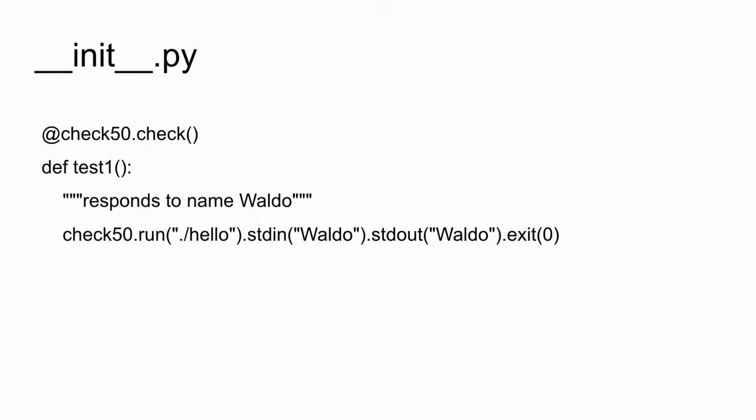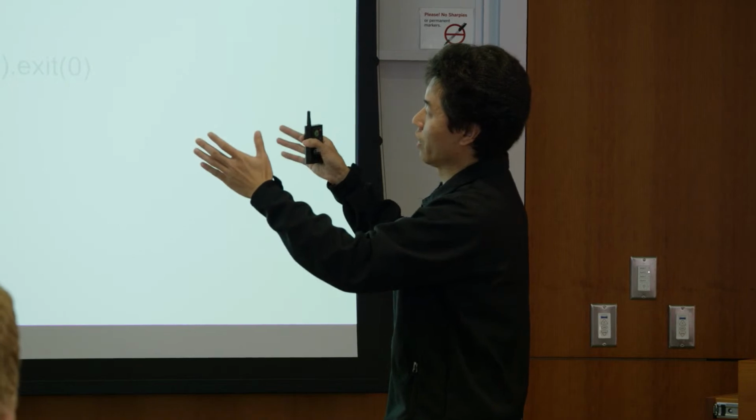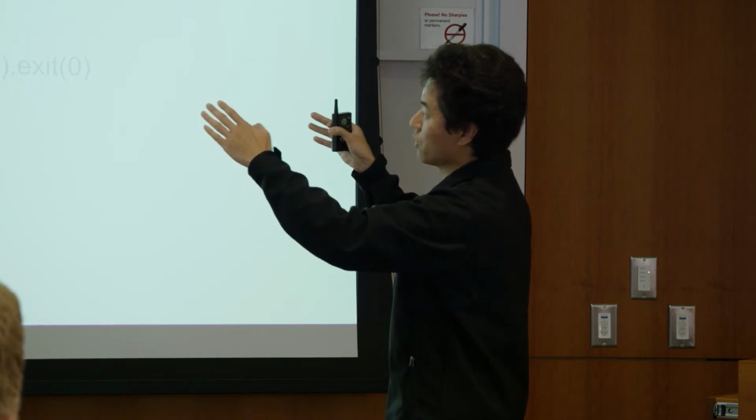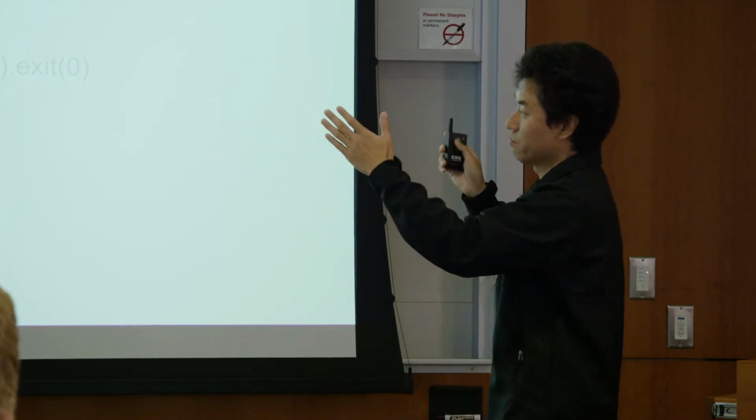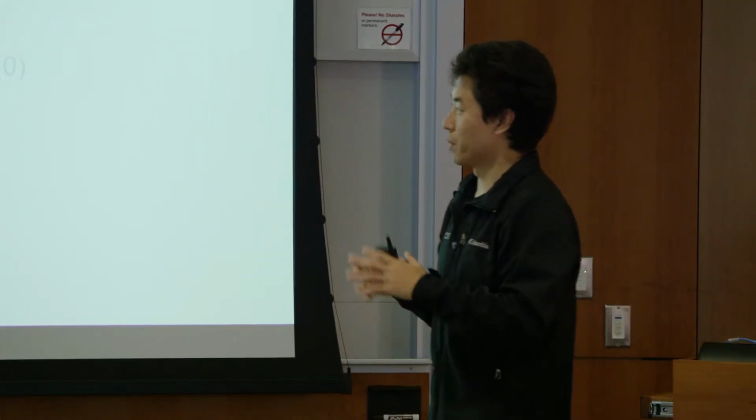Within the __init__.py file, this is where the actual logic of your check50 checks stays. First, there's a decorator, a Python decorator. That basically means the following Python function represents a check50 check. This decorator tells check50, if you see this function test1, it is a check50 check. If you don't know what a Python decorator means at this moment, it's fine.